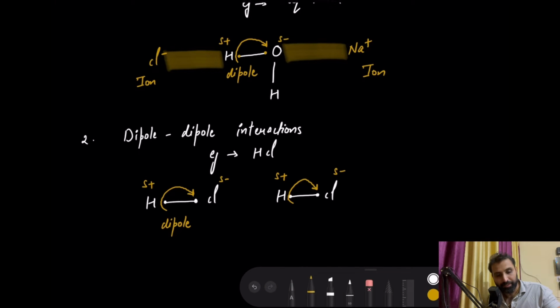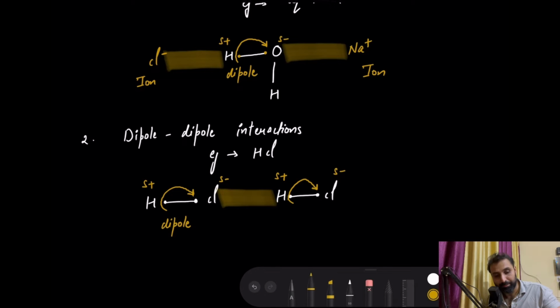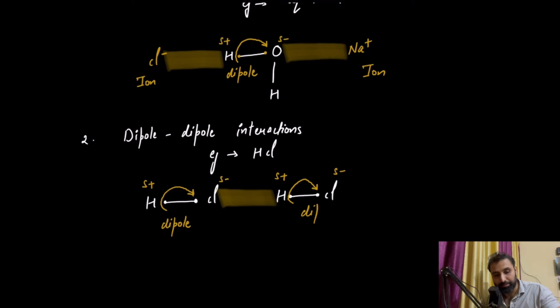That means here the Cl delta negative of first molecule is going to form interactive force with the hydrogen delta positive of the second molecule, or we can say the second dipole. So this is called dipole-dipole interactions because these interactions have been found between the two dipoles.